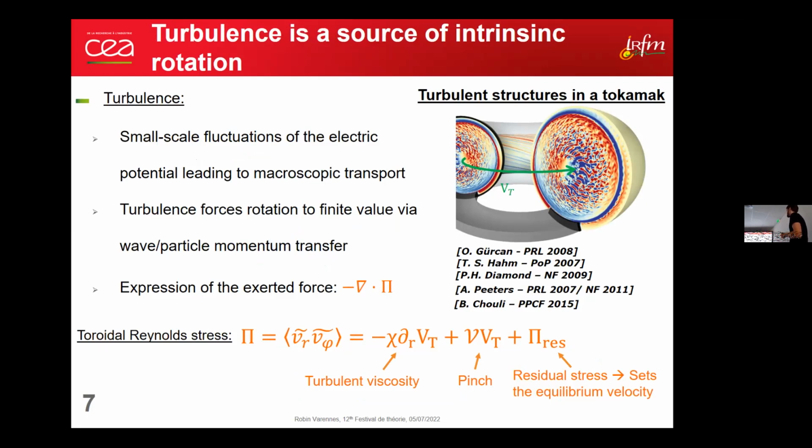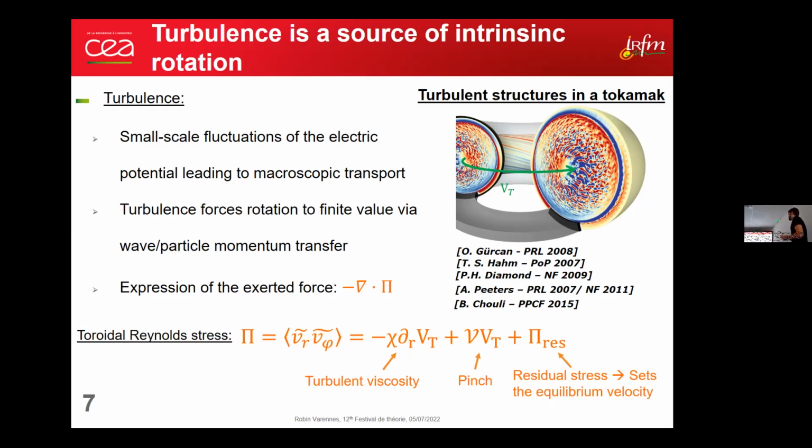You can see those eddies caused by the turbulence. One remarkable and counterintuitive feature of turbulence is that it will force a finite rotation through wave-particle momentum transfer. So actually, all this mess will provide a finite momentum to the plasma, and it will start to rotate in the toroidal direction.